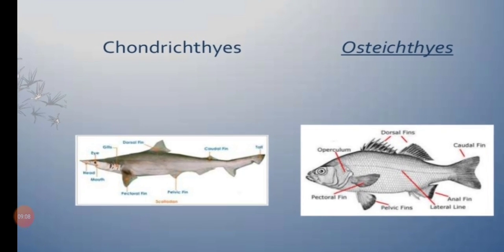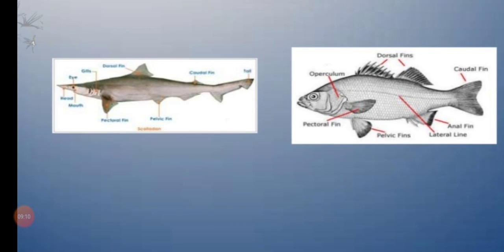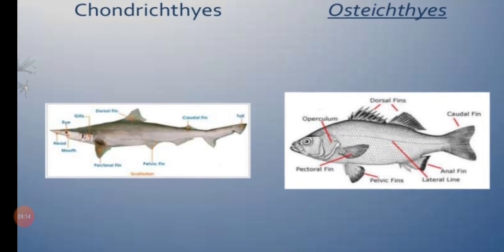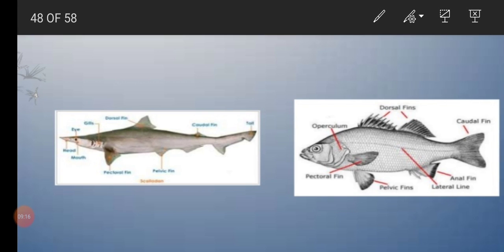Now we'll see the chondrichthyes and the osteichthyes. Can you see? Yes. So this is a chondrichthyes. Here the mouth is ventral, as I have drawn, it is in front. But here the mouth is not ventral, it is terminal.